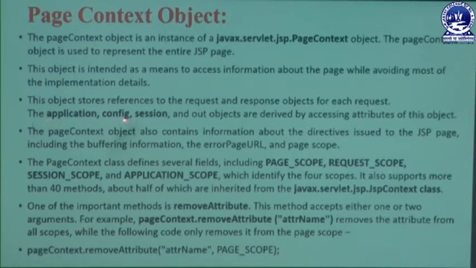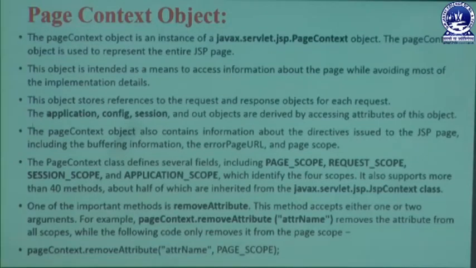Then the application object, config object, session object and out objects are derived by accessing attributes of this object. The page context object also contains some information about the directives issued to the JSP page, including the buffering information, the error page URL information, and the page scope information.